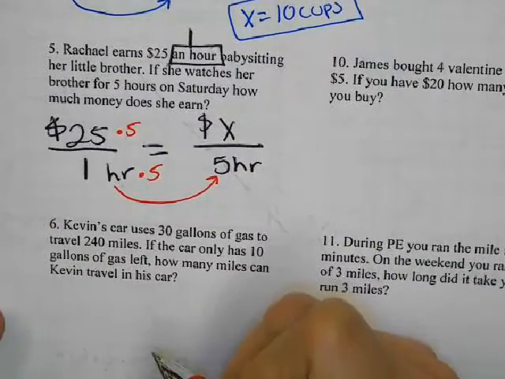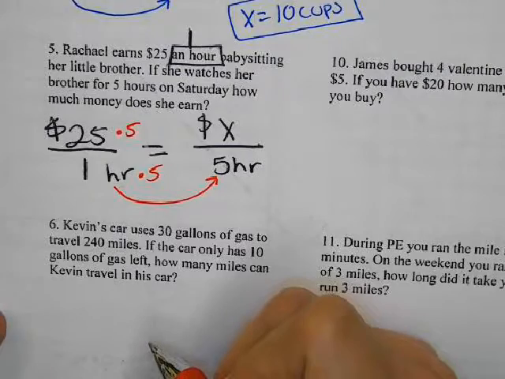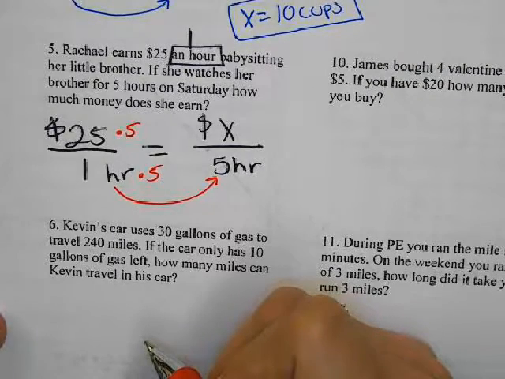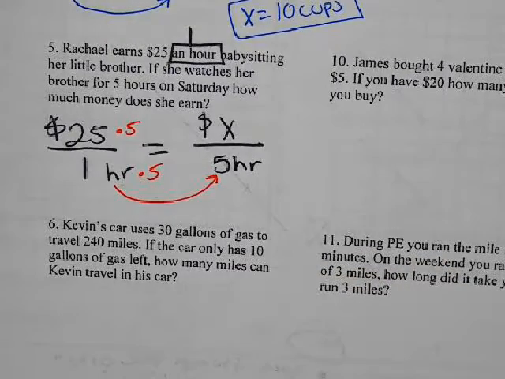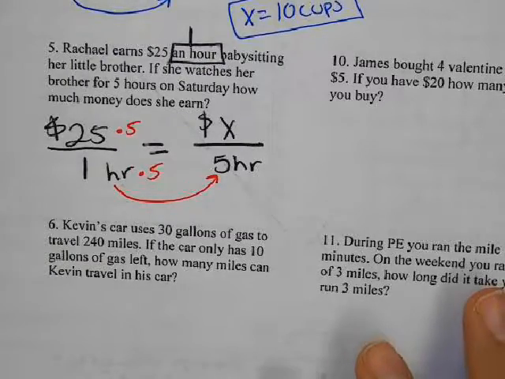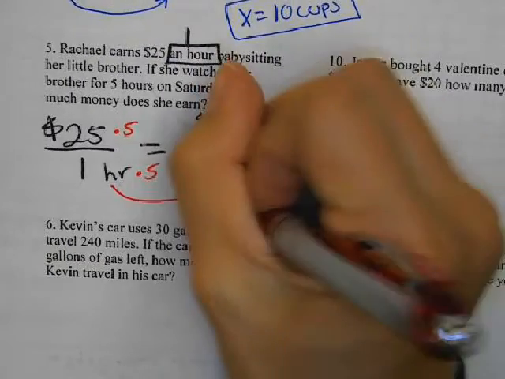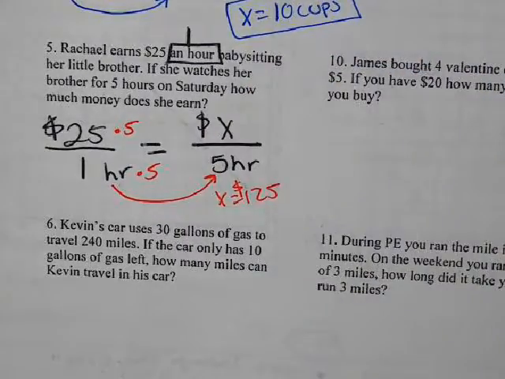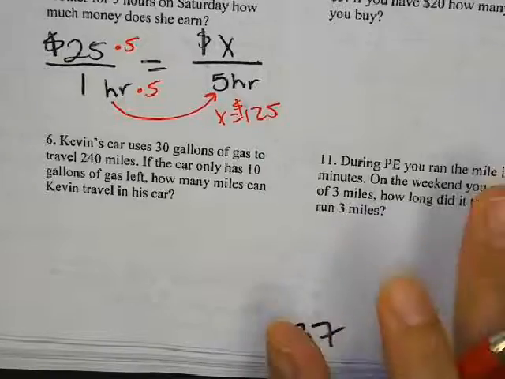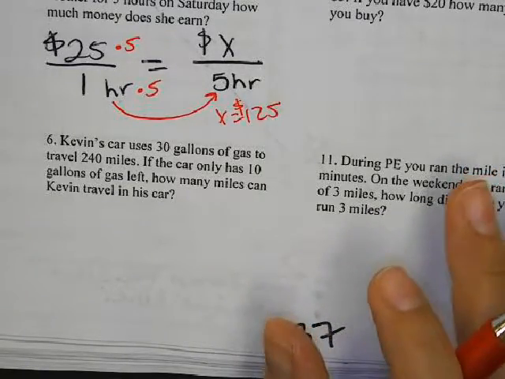Okay, so what's 25 times 5? Think of quarters. Or look at the chart. 125. X equals $125. Good job. All right. Let's do number 6.